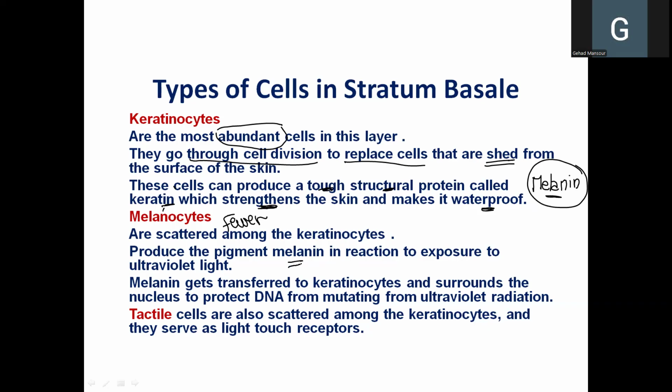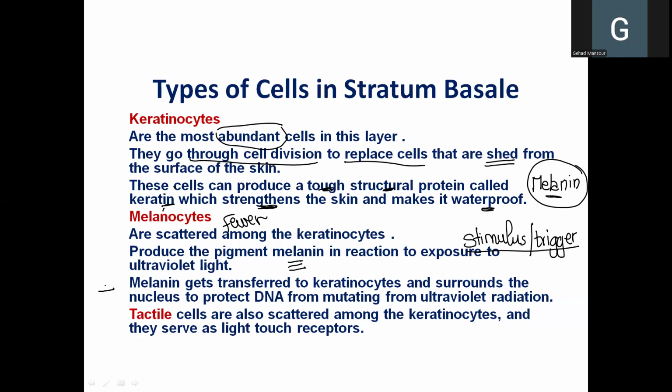They produce melanin, and it is very important that the production of melanin is in reaction to the exposure to ultraviolet rays. So what is the stimulus or the trigger for melanin production? The stimulus or the trigger for melanin production is ultraviolet rays, or the exposure to ultraviolet rays.